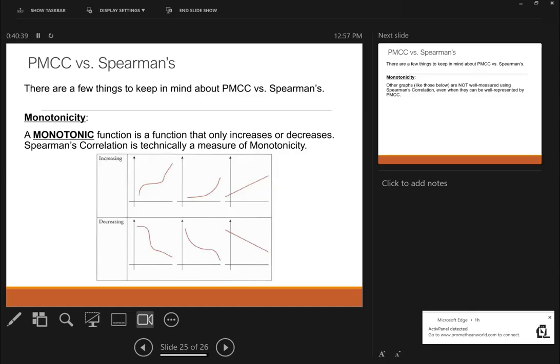Their Spearman statistic will all be -1. So their rank order data will always be just a full straight line. Everybody's okay? Will the Pearson statistic be 1 or -1? Only for the last two, right? The ones that are actually straight lines. Everybody's okay?